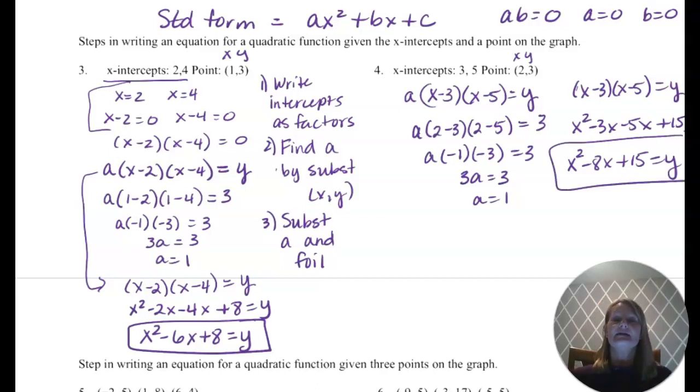So don't make it extra hard. It's really not that bad, but you do have to remember the steps that are going in. And even though we keep finding A to be 1, you do need to check that and make sure A is 1. Again, we're going to be doing some of these in class together, so be sure you have your notes as we get ready to do these in class.